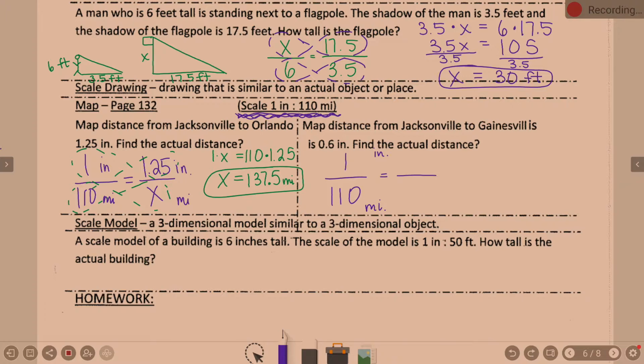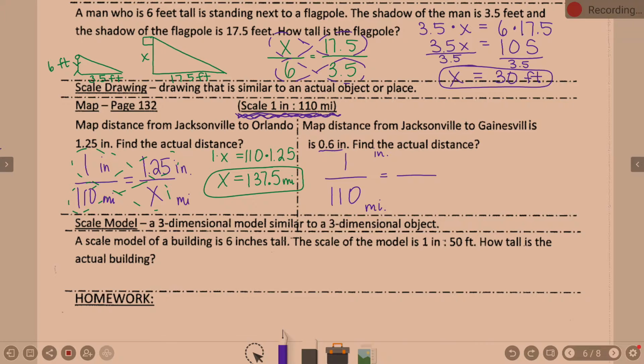The 110 represents miles, so you want to be consistent. Inches over miles. What else did they give me? 0.6. Do I put that on top or bottom?